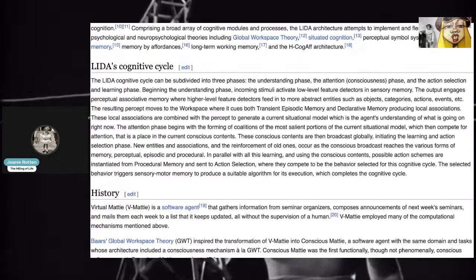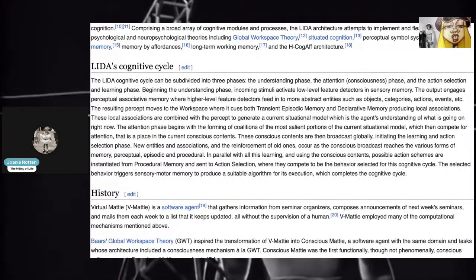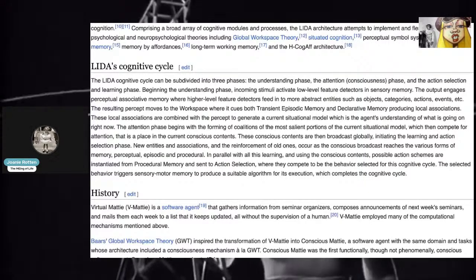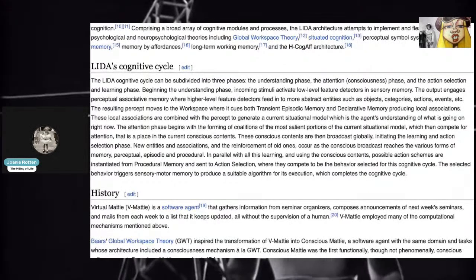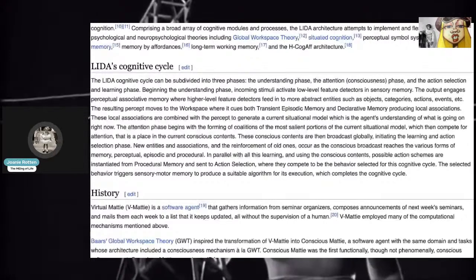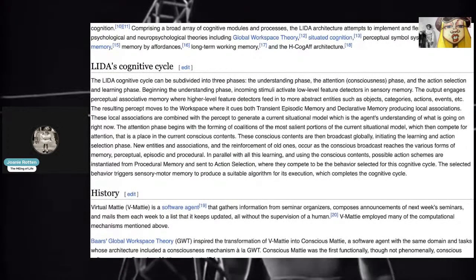The attention phase begins with the forming of coalitions of the most salient portions of the current situational model, which then compete for attention, that is, a place in the current conscious contents. These conscious contents are then broadcast globally, initiating the learning and action selection phase. New entities and associations, and the reinforcement of old ones, occur as the conscious broadcast reaches the various forms of memory: perceptual, episodic, and procedural.